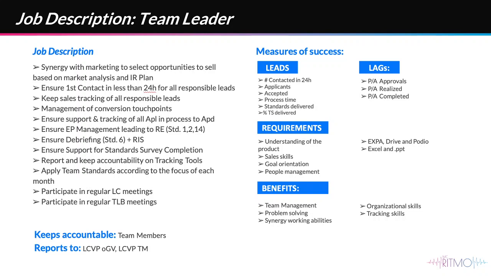The measures of success of a team leader, starting from the lags, are plan achieved approvals, plan achieved realized, and finally plan achieved completed. And works on the number of contacts in 24 hours, on the applicants, on the accepted, on process time, standards delivered, and finally on the percentage of team standards delivered.